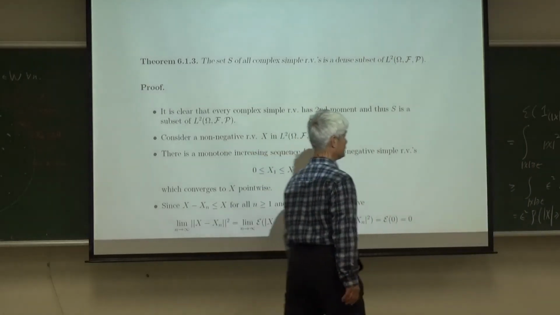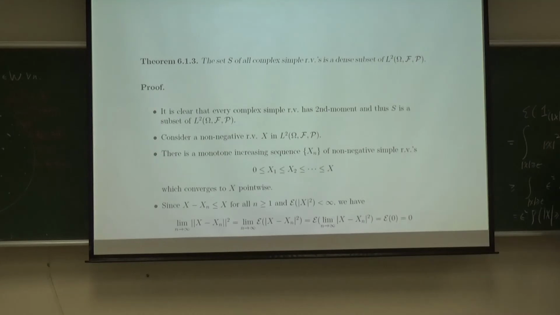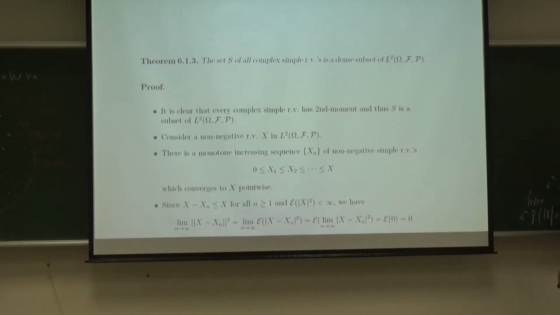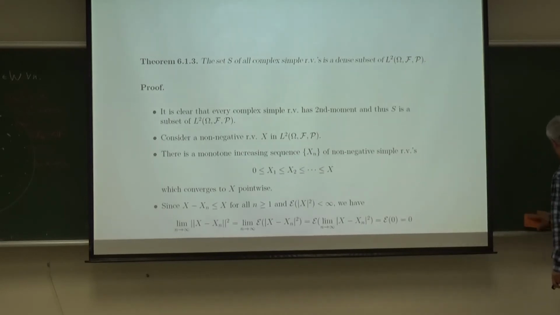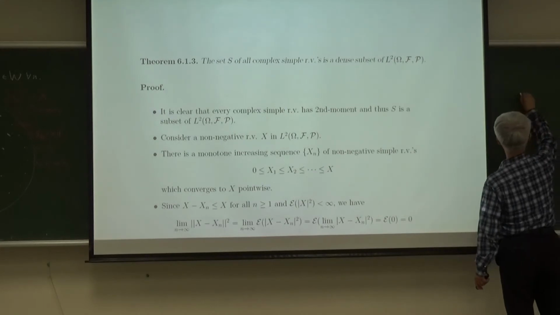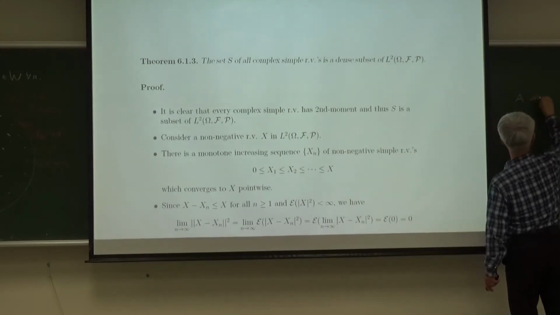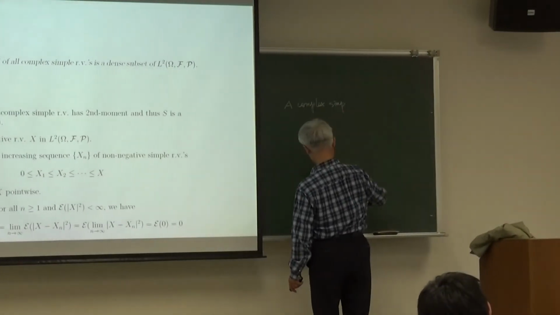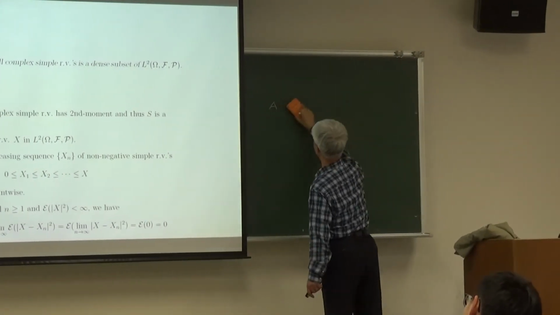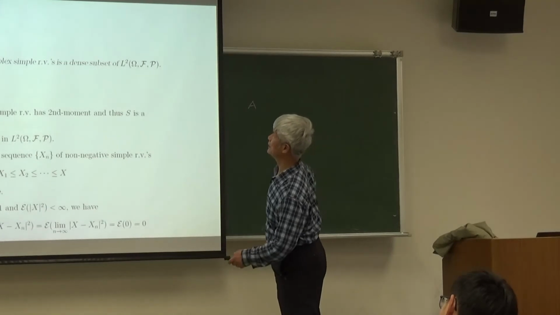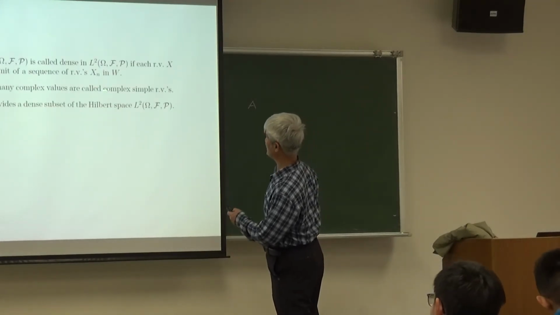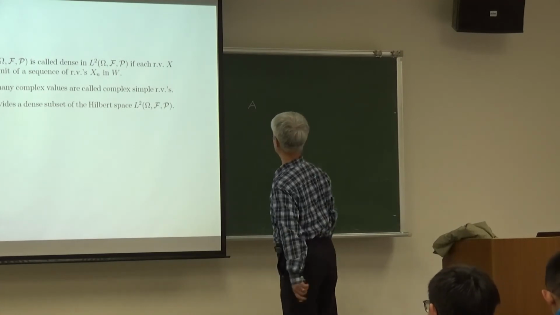Maybe I'll give you an explicit formula. What do we mean by a complex simple random variable?